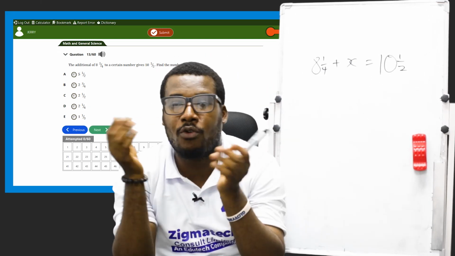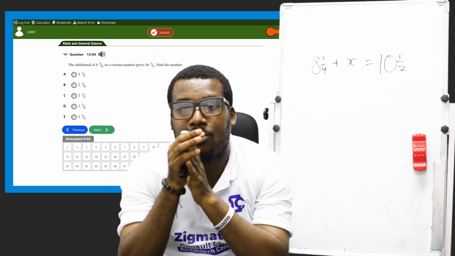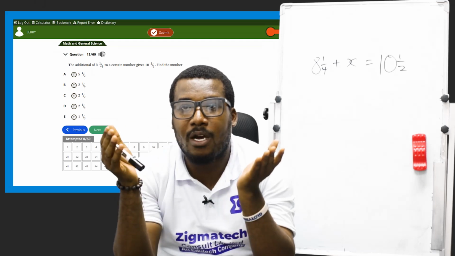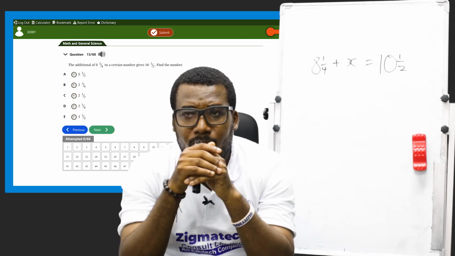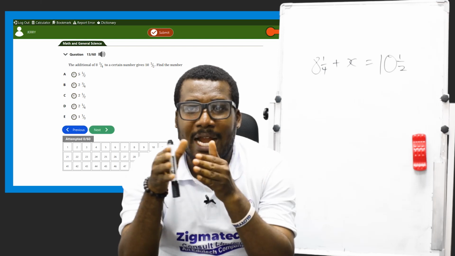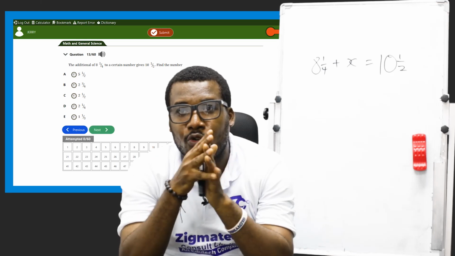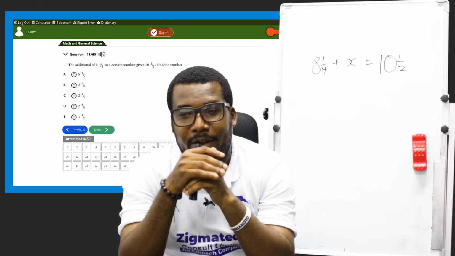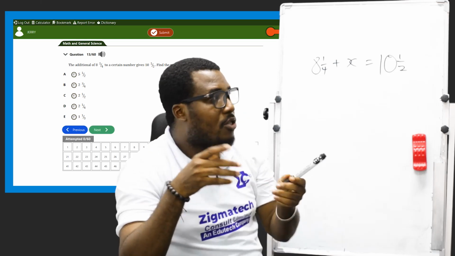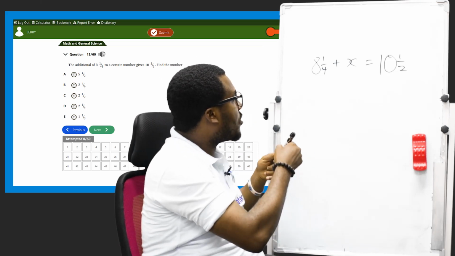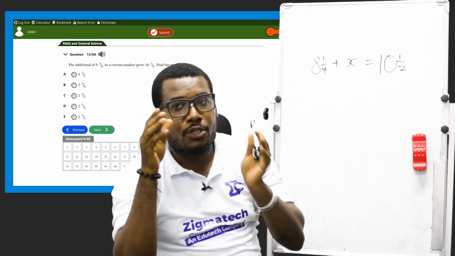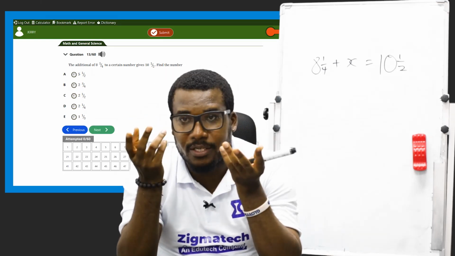In this case, if you look very carefully, it's a bit of fraction and algebra mixing together because there's an unknown number or variable there. To solve this kind of problem, there are two ways.